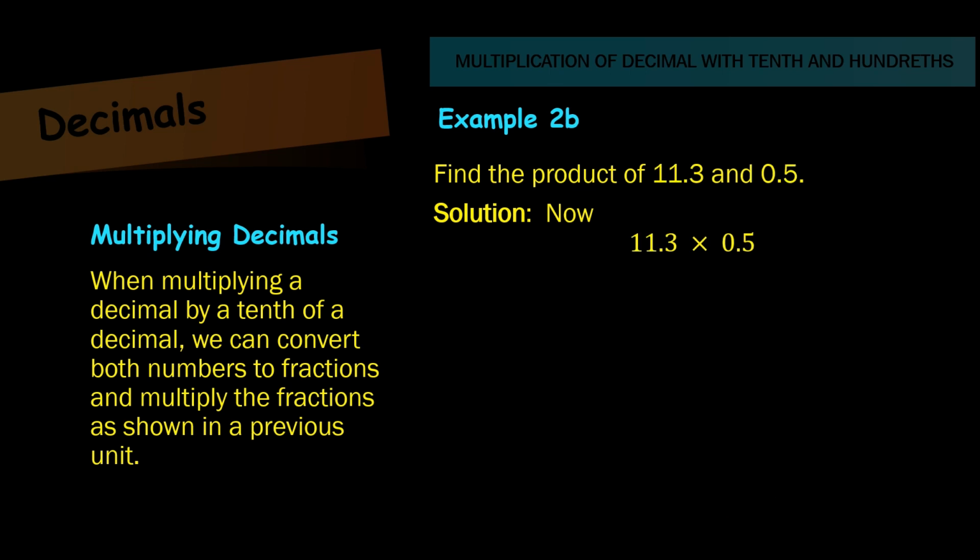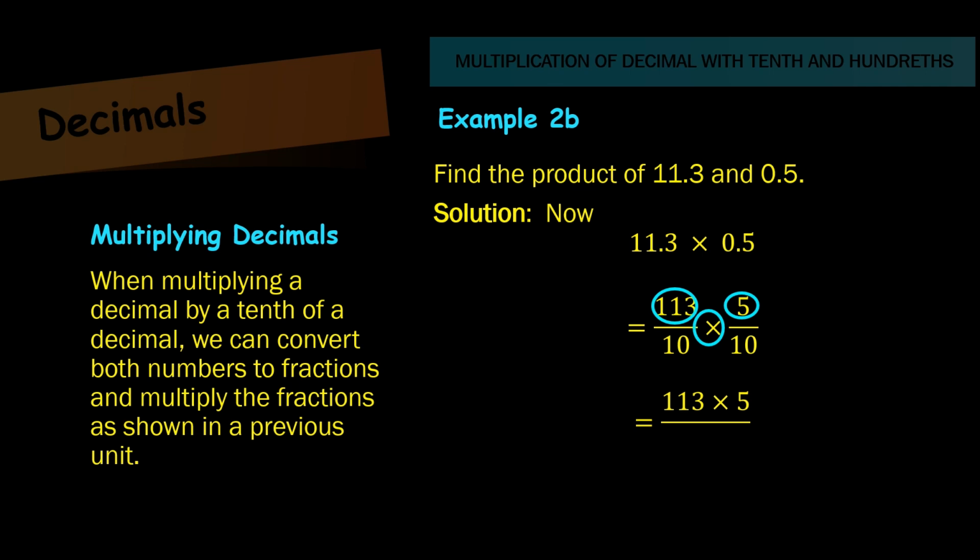Let's try another example shown on the screen. Begin by converting the decimals to fractions. So 11.3 becomes 113 divided by 10, and 0.5 becomes 5 divided by 10.